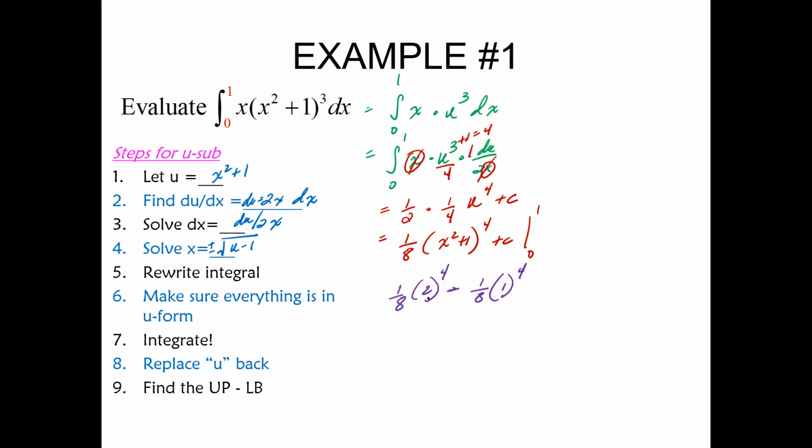So here you're going to have 2 to the 4th power, which is 2 times 2 times 2 times 2, which is 16. 16 divided by 8 is a 2 minus 1/8. Well, I would need to have a common denominator here. So if I put that at 8, this will become a 16. Subtract it, 15 over 8 units squared is your answer.